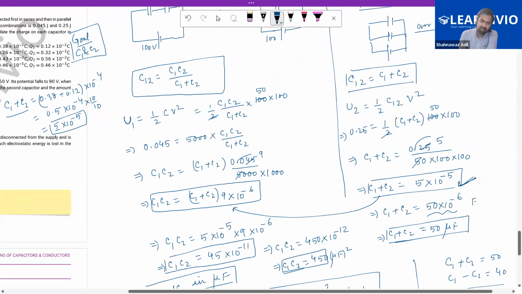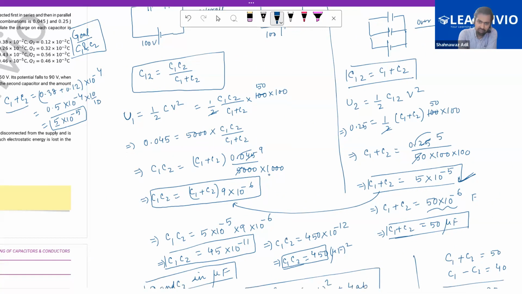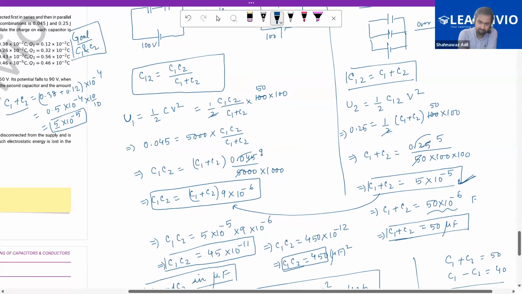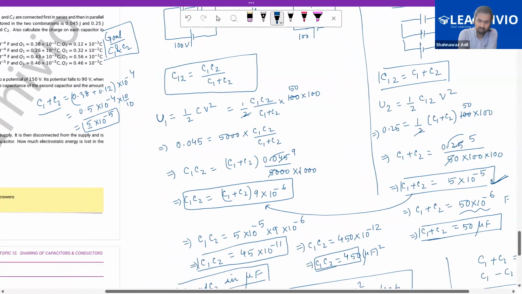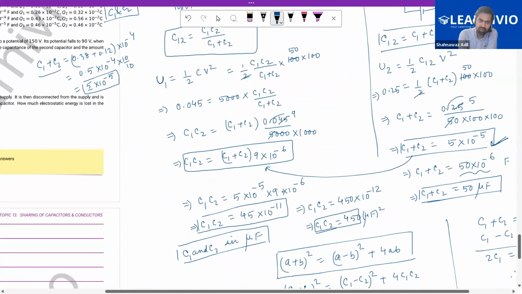And then what about the C1 into C2? So this is 1000, and this is 9 into 0.45. So 9 into 10 to the power minus 6, that is also correct.